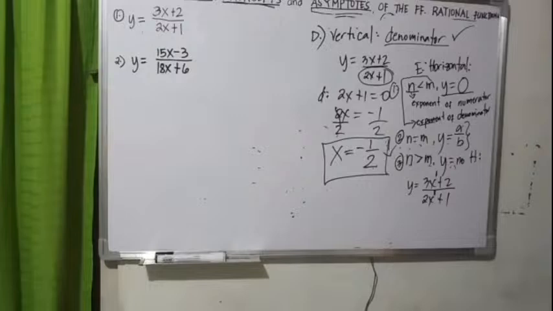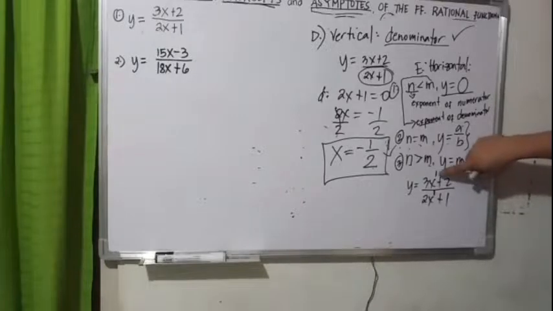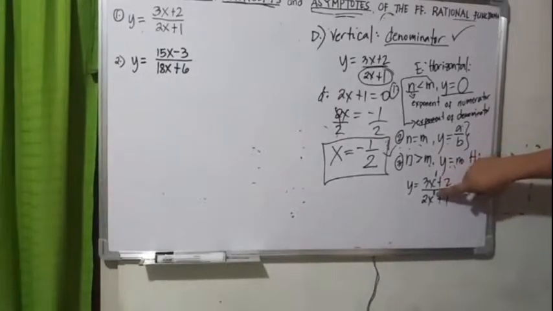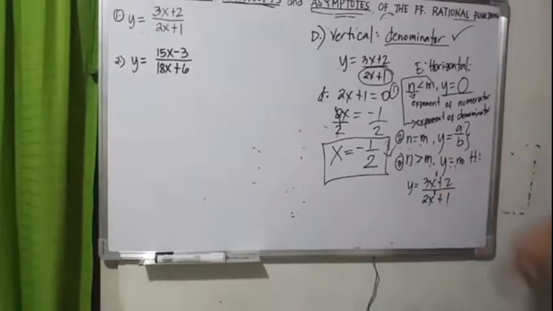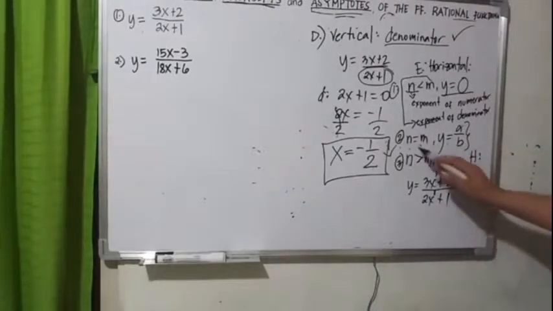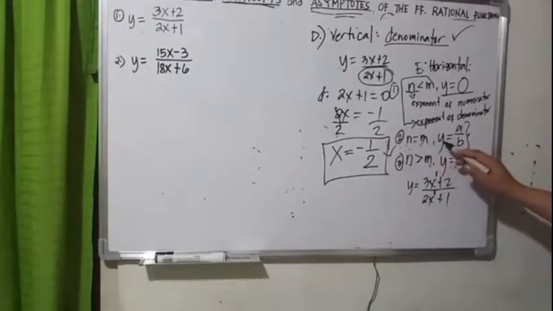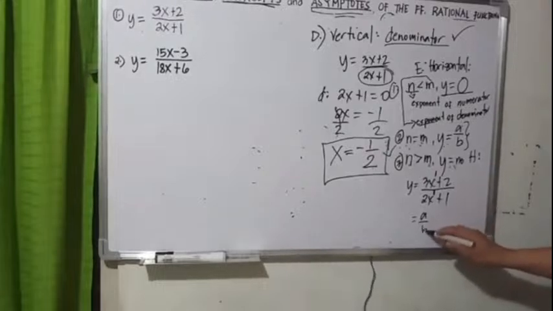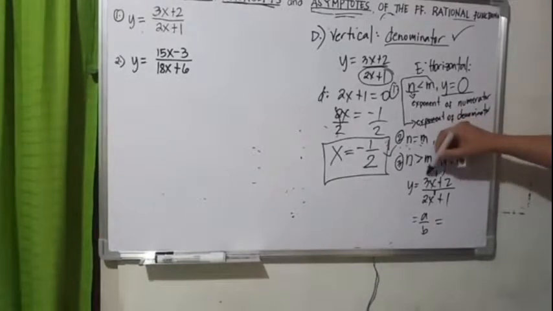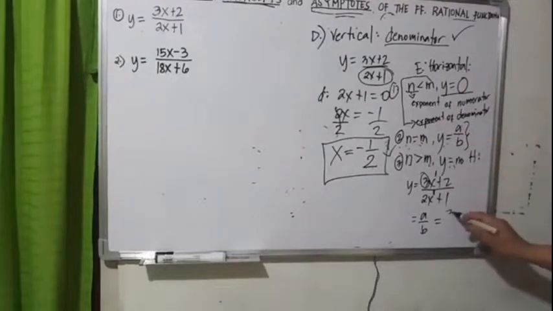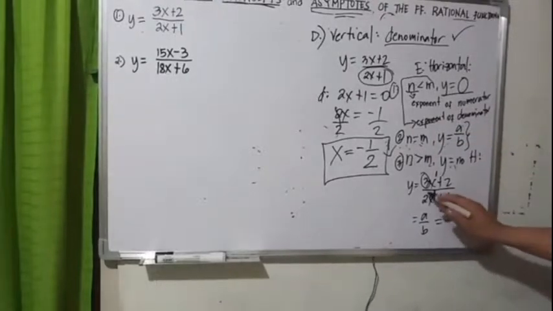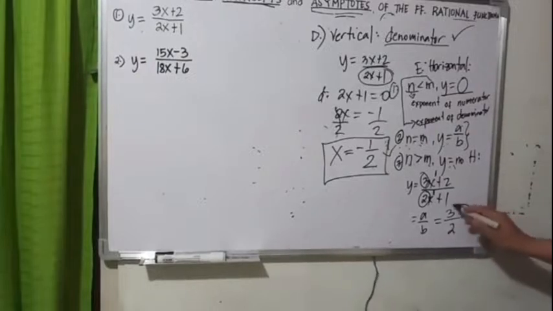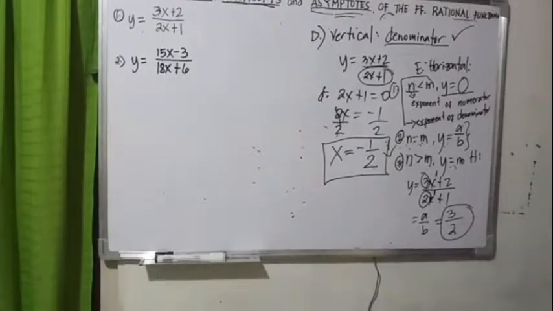They are equal, so restriction number 2. So n equals m, and the horizontal asymptote is a over b. 3 ang value ng a, and 2 ang value ng b. So that is 3 over 2.